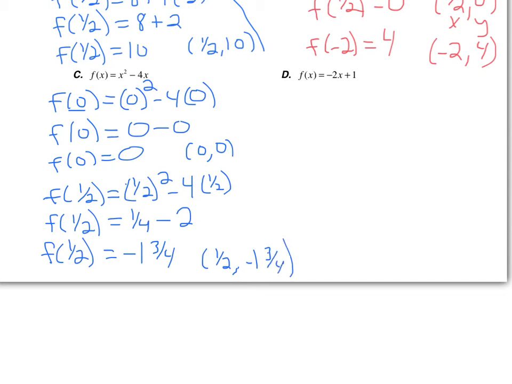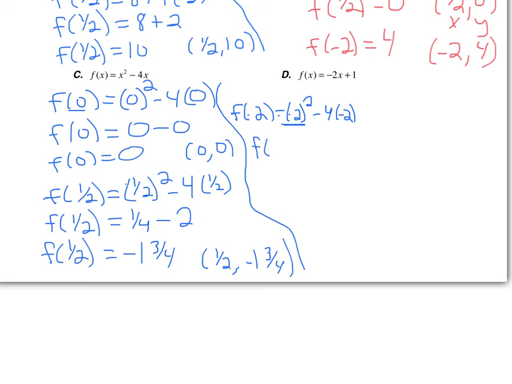And then we can try f of -2. And if you don't use parentheses, this is where you'll get the problem wrong. So I have x squared minus 4 times x. So I have a -2 here and a -2 here. If you don't use parentheses, you'll get this part wrong.